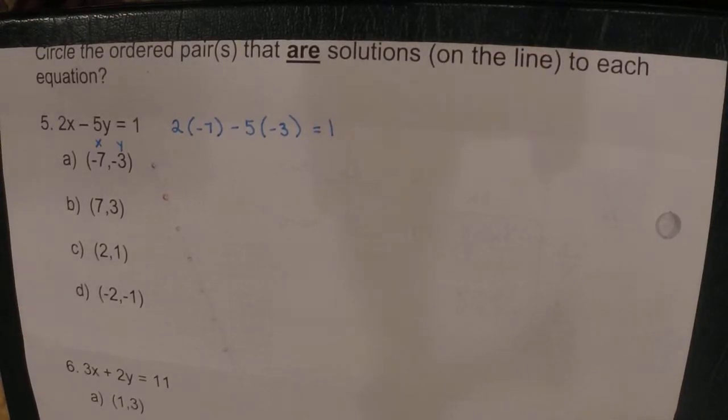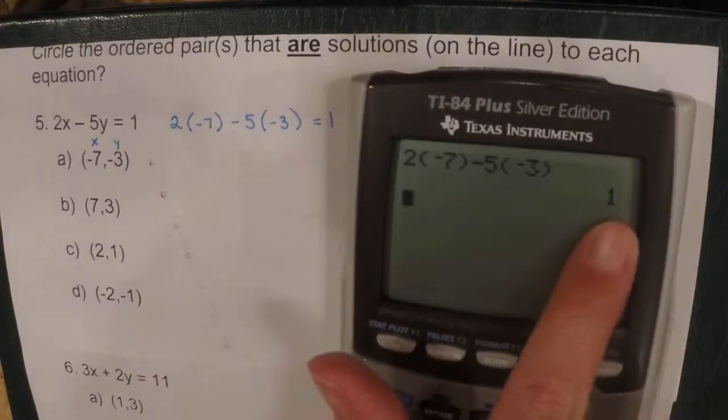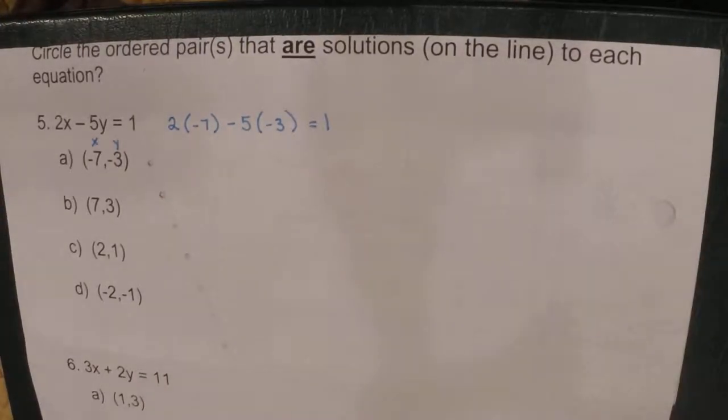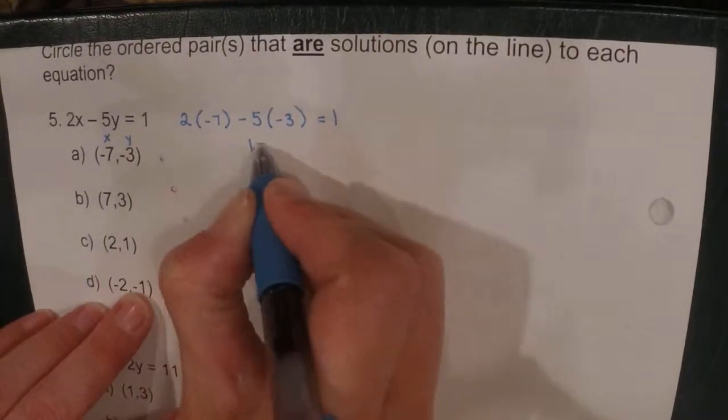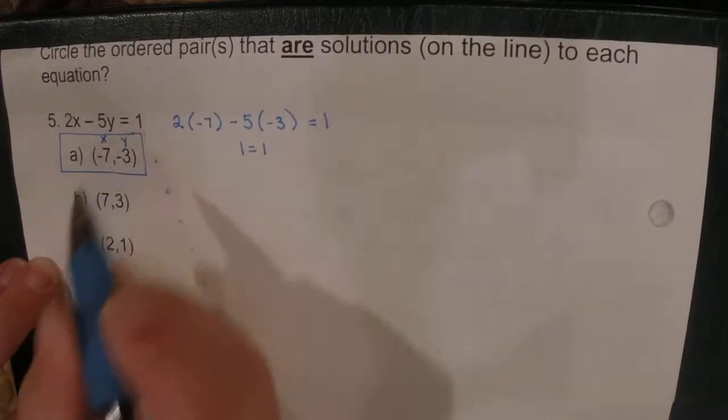And we can just type this into the calculator, and I have the ancient one here, but it will still show you the same thing. So 2 parentheses -7 and then minus 5 parentheses -3, and if I hit enter it says 1. So that means for this one, 1 does equal 1, so this is one of these solutions.